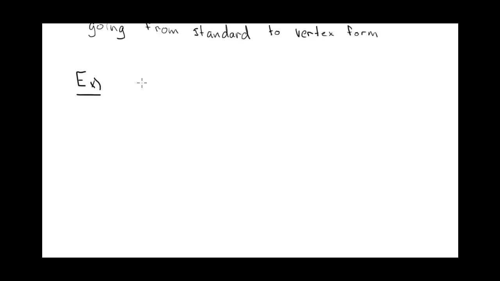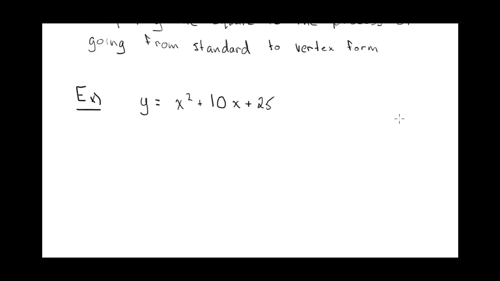So let's say we have an equation like y equals x squared plus 10x plus 25. Well, this one, you can actually get to vertex form fairly easily. You don't have to do any special process. You can do something you already know how to do, and that would be factor.